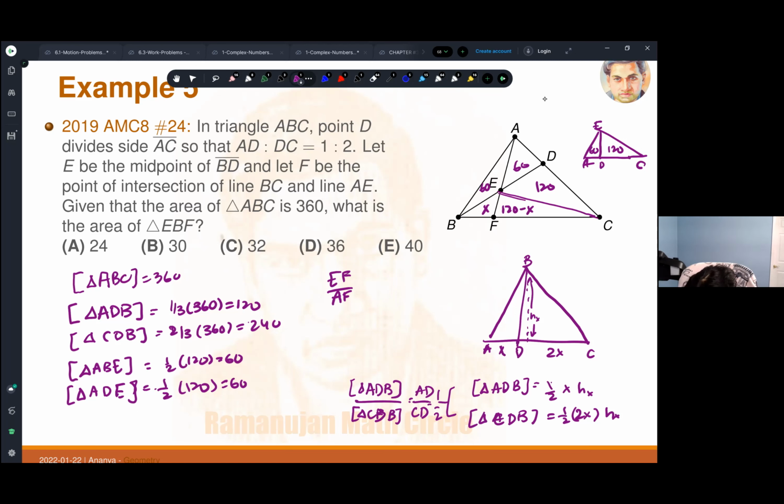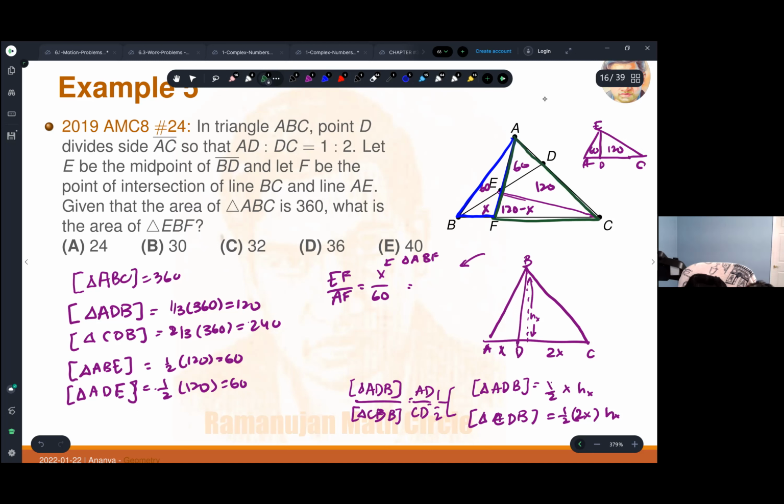And we know that, since there's a common height, that is equal to x over 60, based on triangle ABF. And based on the other triangle, I'm gonna draw these out, outline them. Okay, this is one, and the other one is right here. Okay, so this one's blue, and this one is green.